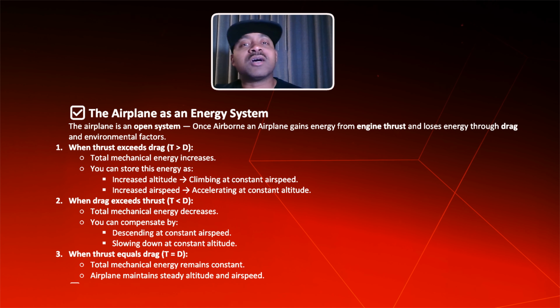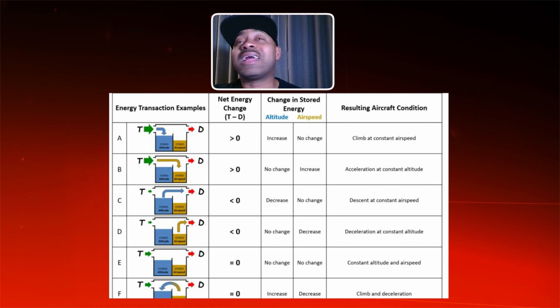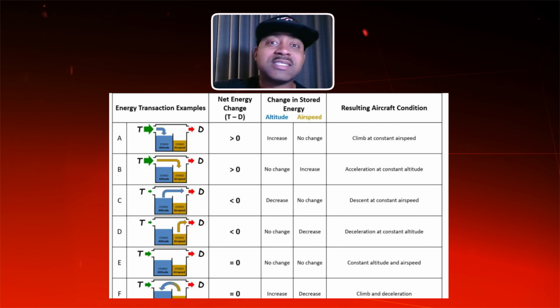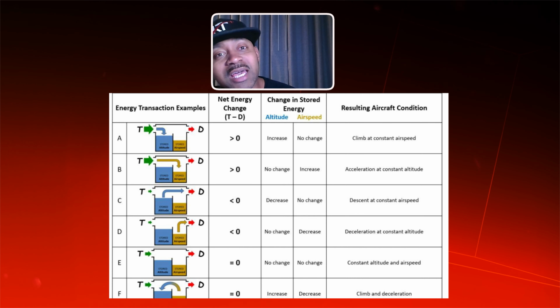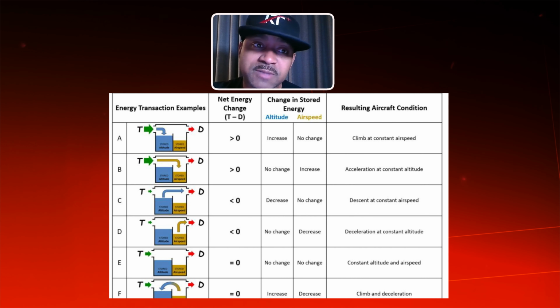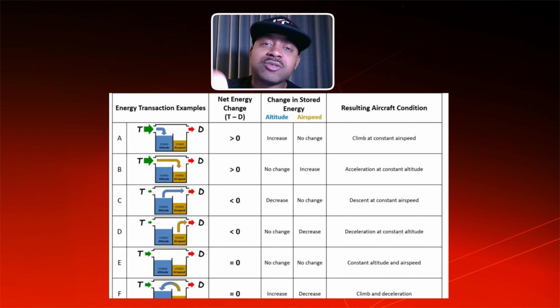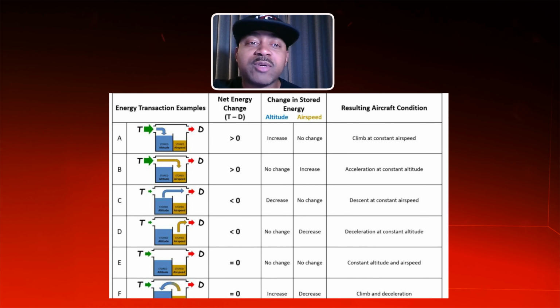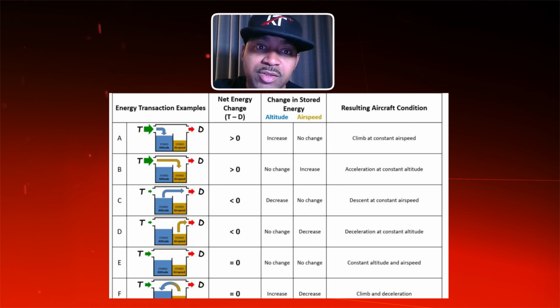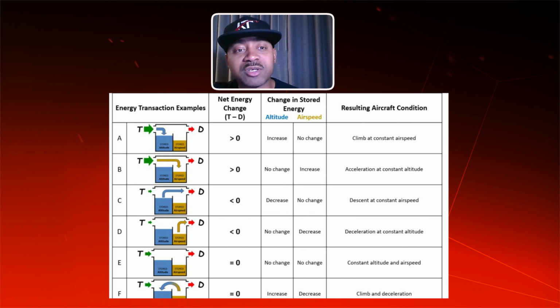In this section, there are a whole lot of different charts that talk about a lot of different things, and I'm going to try to simplify all of those to make it easier to understand. We're talking about energy management. This chart goes through all the different scenarios of what happens when you have thrust greater than drag, how you can either increase your altitude or increase your airspeed, and what the resulting conditions are.